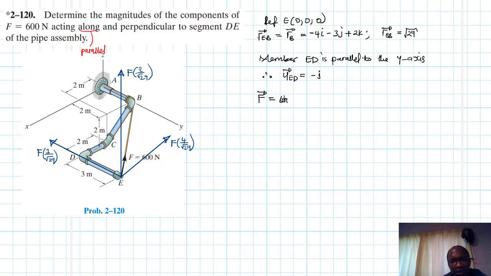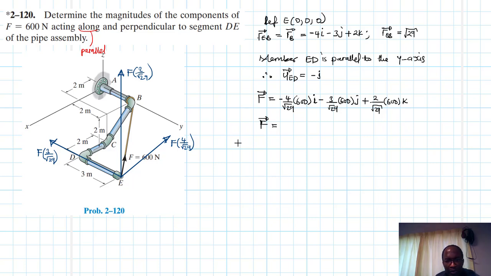That's 600 times, so in the x-axis we have minus 4 divided by root of 29 times 600 i, and then in the y we have minus 3 divided by root of 29 times 600 j, and then we have plus 2 divided by root of 29 times 600 k.